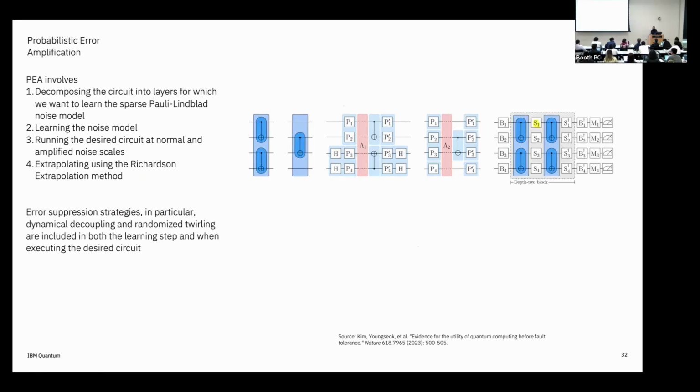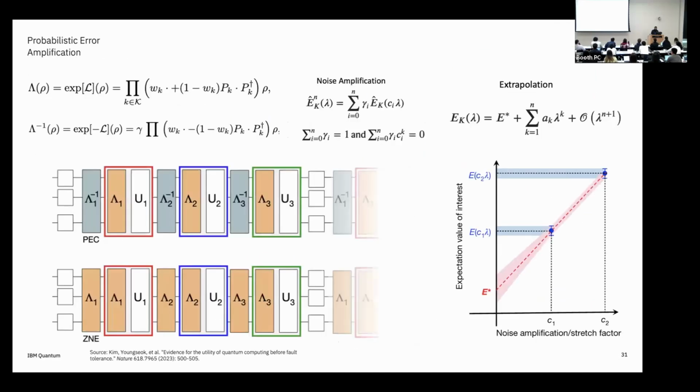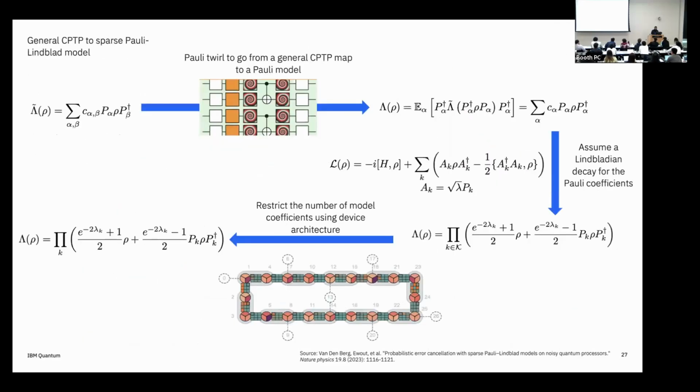That model allows you to say that noise is linear, because the entire description is a Lindbladian. And so in order to increase the noise, you just have to take these lambdas and increase them.